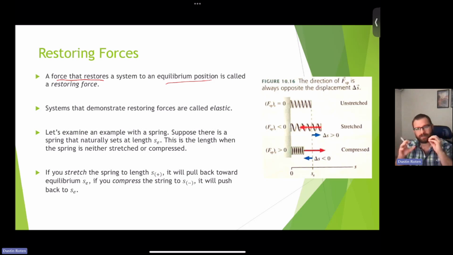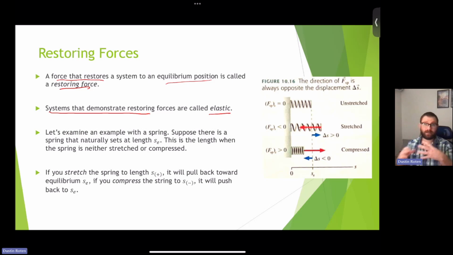Any force that does this and brings a system back to where it wants to be is called a restoring force. Systems that demonstrate a restoring force are called elastic systems.